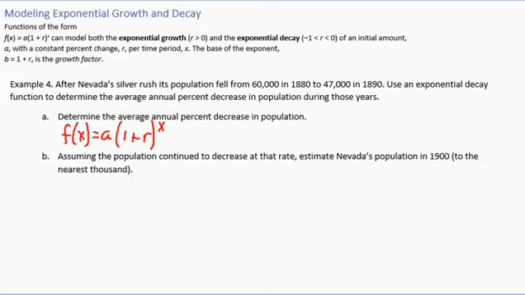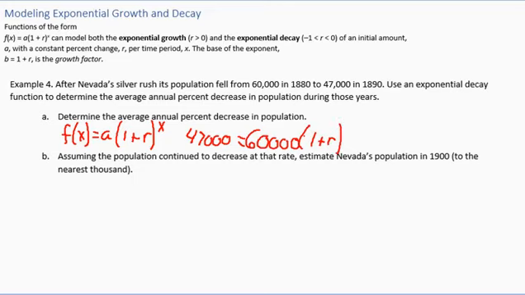And so what we have here, after 10 years, so our ending amount, or our amount after 10 years, was 47,000 equals, so I'm putting that in for my function. My initial amount was 60,000, 1 plus r, and r is what we're trying to solve for.